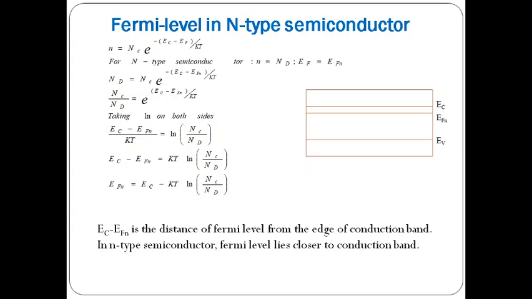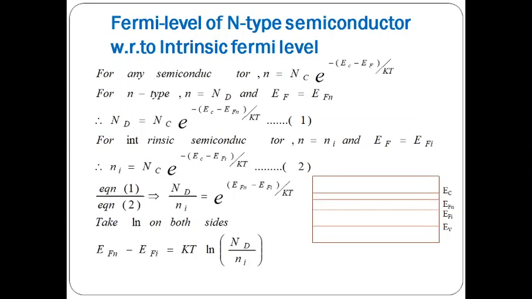When we are adding fifth group elements to the intrinsic semiconductor, it becomes an n-type semiconductor. When we are adding more impurities to the n-type semiconductor, the Fermi level of n-type material is almost equal to the conduction band, with respect to the intrinsic Fermi level.